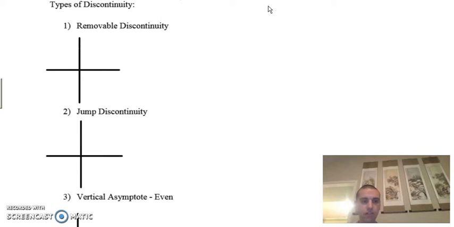So four different types of discontinuity here. Removable discontinuity, this comes with a hole. This is a hole. We know that it can look like that, a rather large one, but that's okay. And what do we know about removable discontinuity?